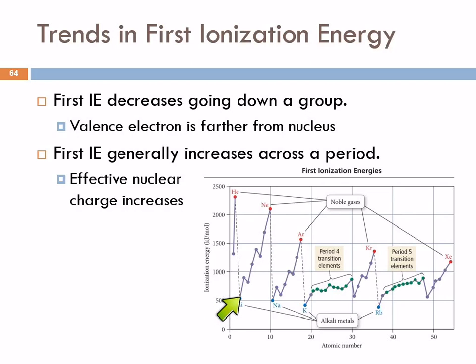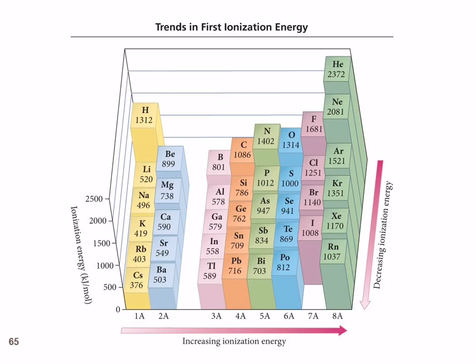I want to look at lithium. So if lithium loses an electron, he looks like a noble gas, right? So lithium is probably going to go along with this idea of losing an electron pretty easily, right? But as you go across, it becomes harder and harder. Here's the general trends in first ionization energy. We see as we're going down, it decreases. As we go across, it increases.